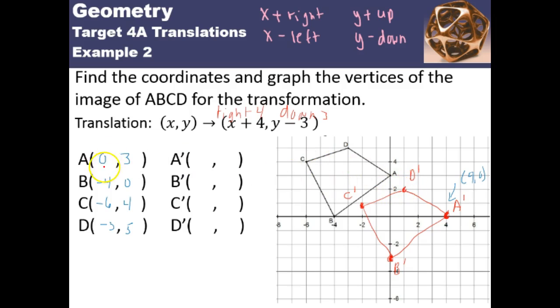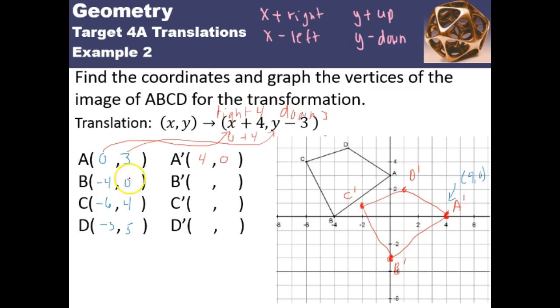If I take this point here, and I replace the x in here with 0, and the y here with 3, I get 0 plus 4, which is 4, and 3 minus 3, which is 0, which is this point here, which we said (4, 0). So that's the point (4, 0).